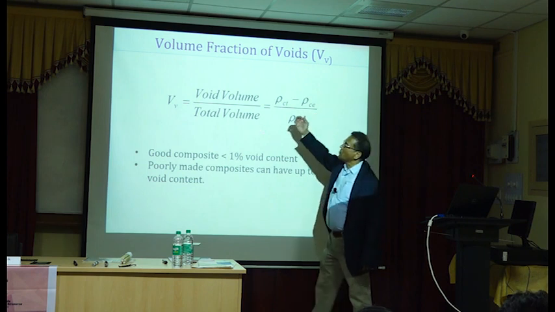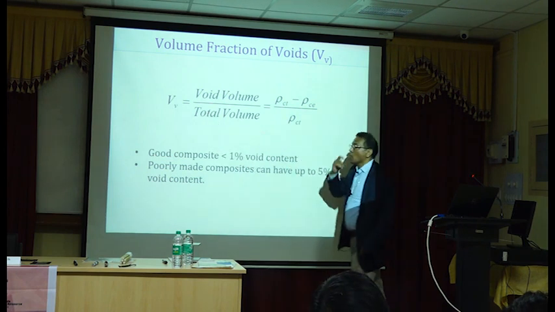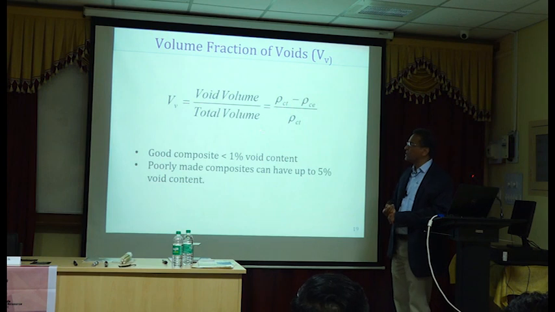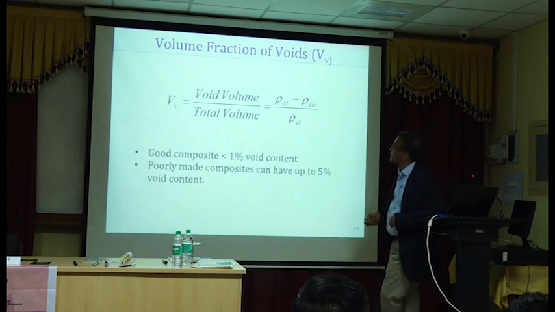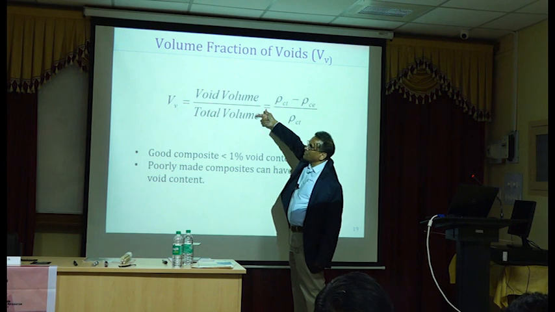So V sub v is defined as the volume fraction of the voids. There will be voids in your composite, defined as the volume of the voids over the total volume of the composite.